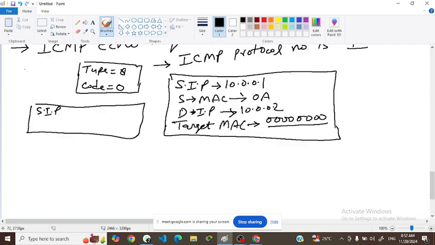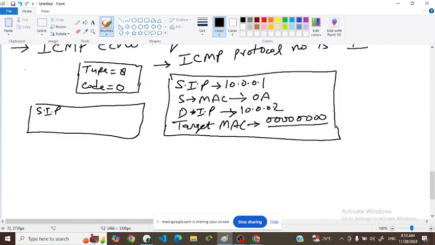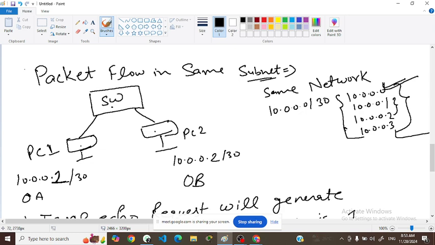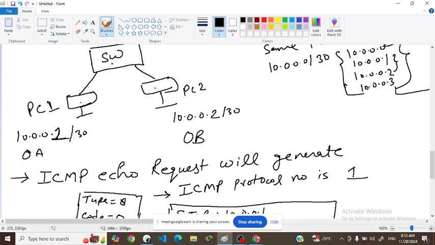So the ICMP packet will generate from PC1, but it doesn't know where it will reach. Here it doesn't know about the MAC address. So first of all, there is a requirement: PC1 needs to get the target MAC address.